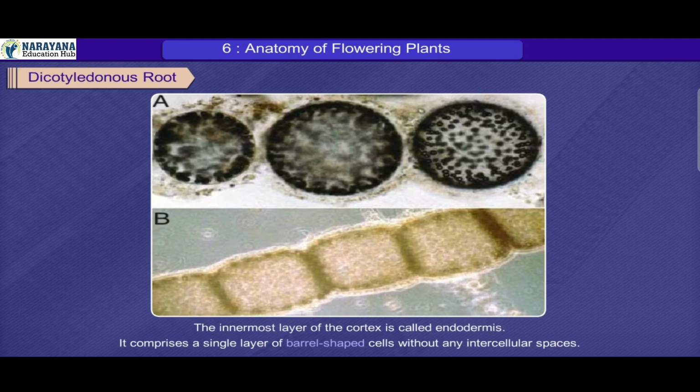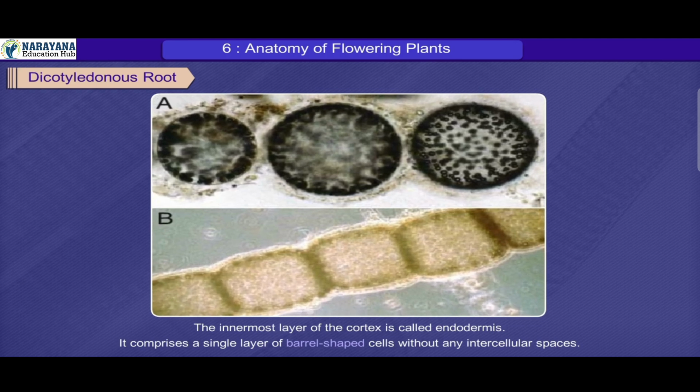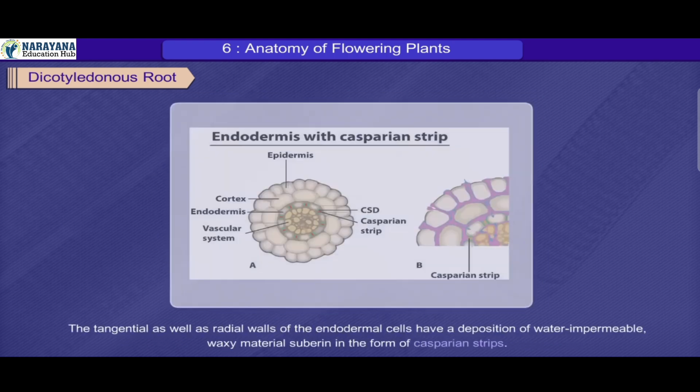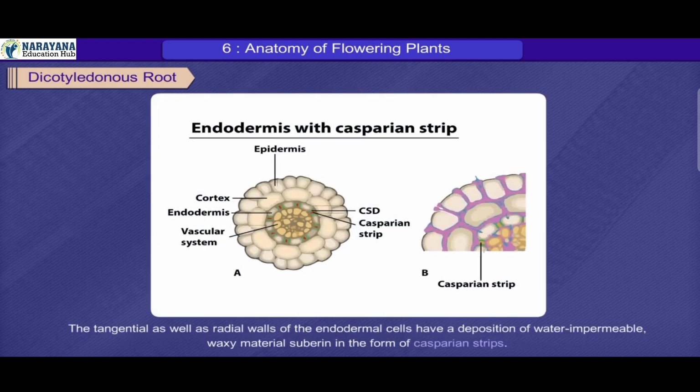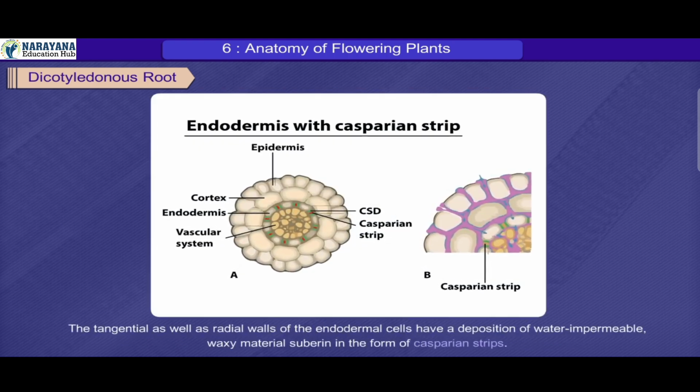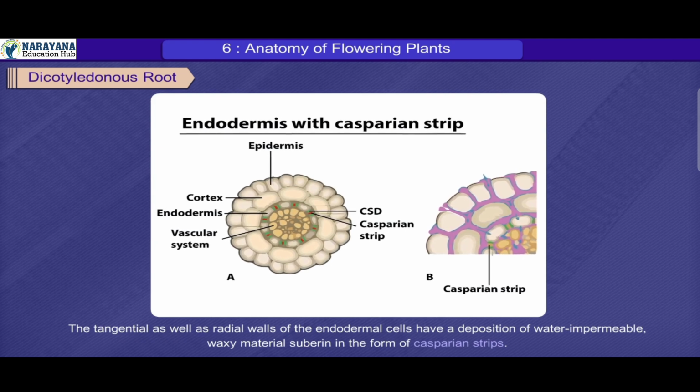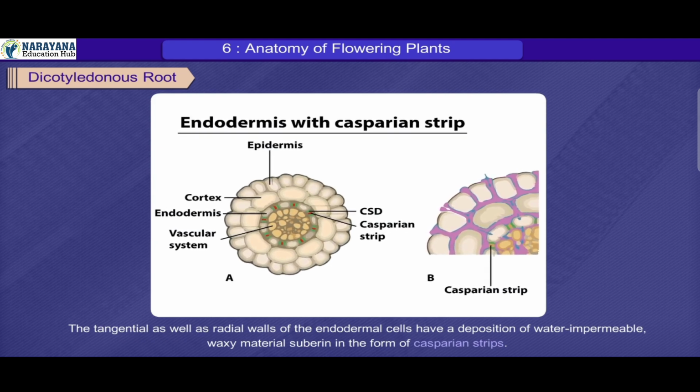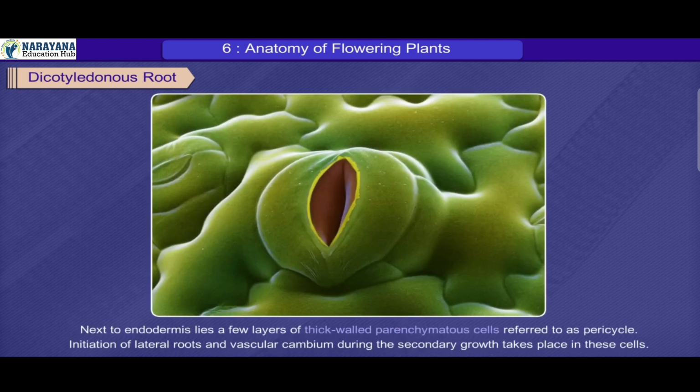It comprises a single layer of barrel-shaped cells without any intercellular spaces. The tangential as well as radial walls of the endodermal cells have a deposition of water impermeable, waxy material suberin in the form of Casparian strips.